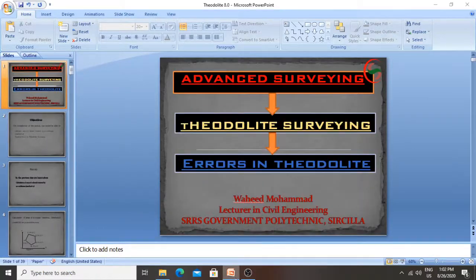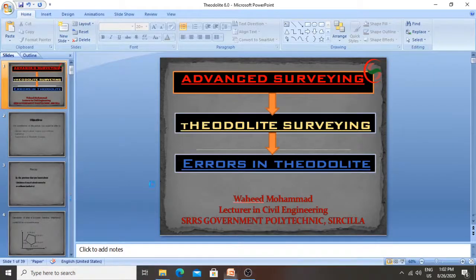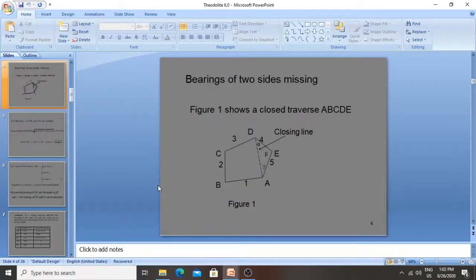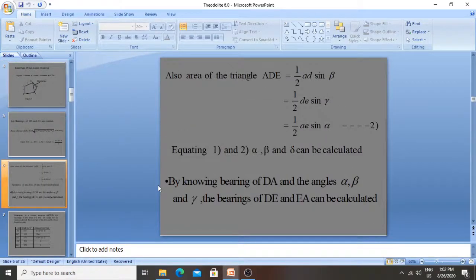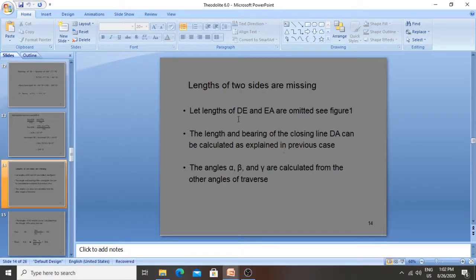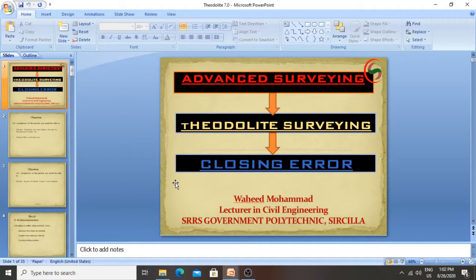And coming to day 6, we have done some problems also on omitted measurements, that is bearing of two sides missing, and length of two sides missing, and the problems on that. You go back to each video. And in the video before yesterday, it is closing error.